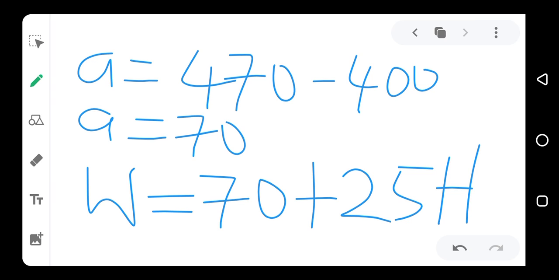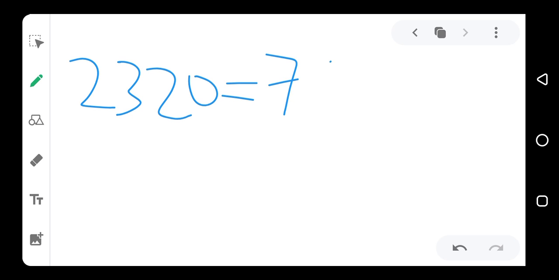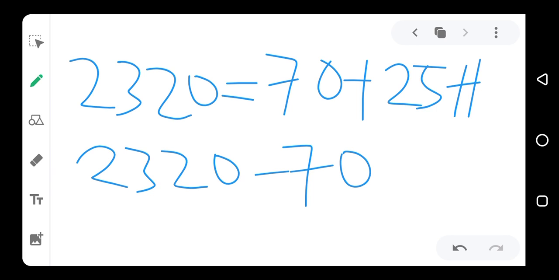So we put everything here and look for H. So we solve this: 2,320 minus 70 is equal to 25H.